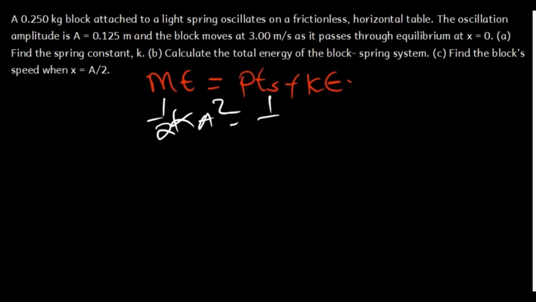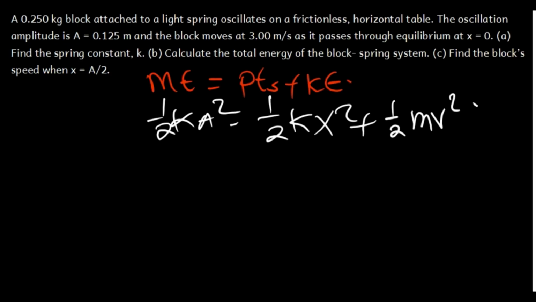Elastic potential energy is given by half Kx squared. Then kinetic energy is always half mv squared. Now, why are we putting A instead of x here? Since mechanical energy is the sum of the elastic potential energy and kinetic energy, at that point it has reached its maximum position. That's why I'm using A. So mechanical energy is given by half Ka squared, where A is the amplitude.